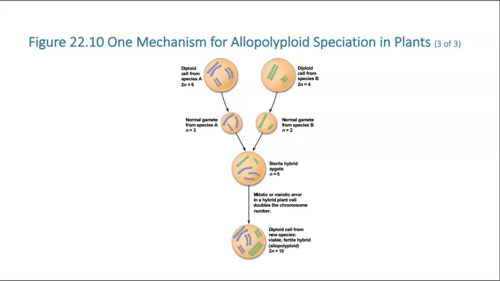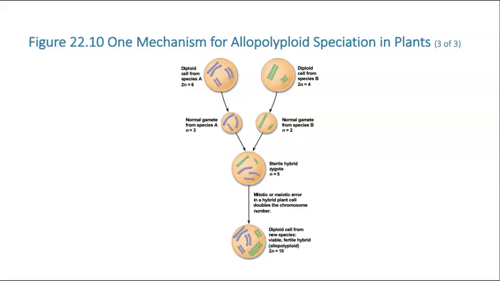We talked about this in autopolyploidy. Remember there was a mutation, no, it wasn't a mutation. It was just a happenstance where cell division happened, but cytokinesis didn't happen. And that can happen for lots of reasons. But we're going to have the same thing happen in order for a new species to evolve.